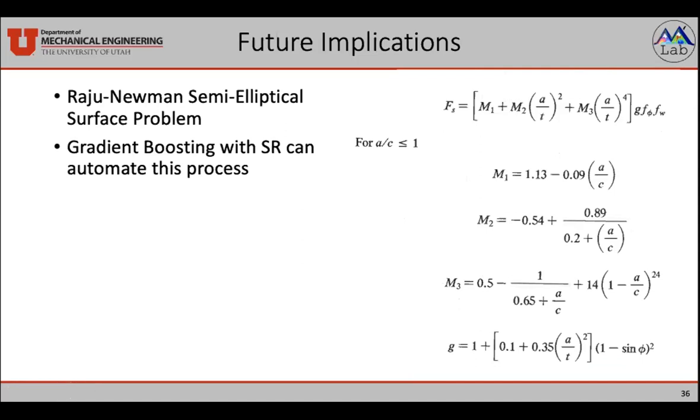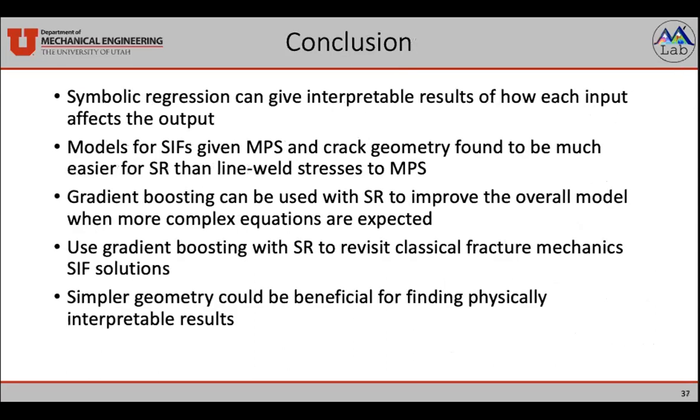And an exciting part of the results that we're able to find is that perhaps we might be able to automate this process of polynomial fitting using gradient boosting with symbolic regression. We've also shown that we can get these interpretable results of how each input affects the output using symbolic regression.